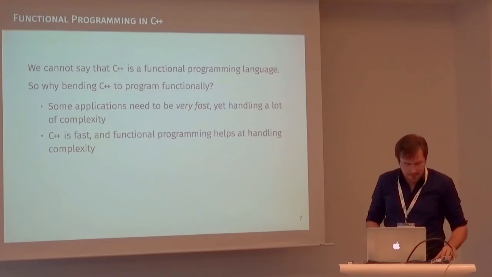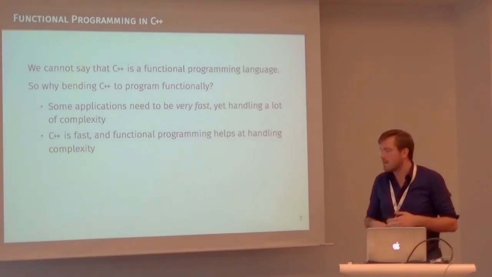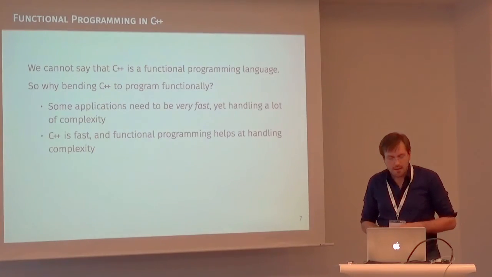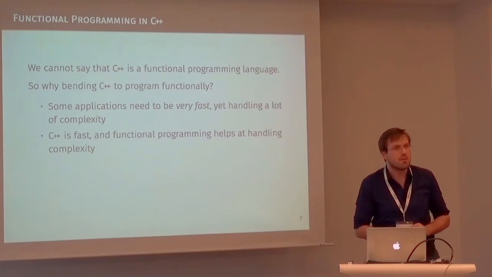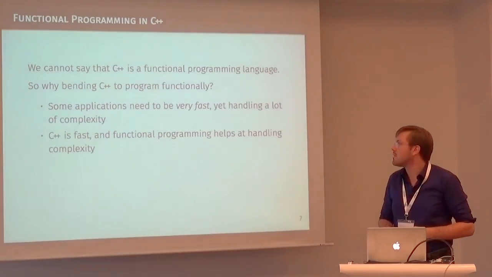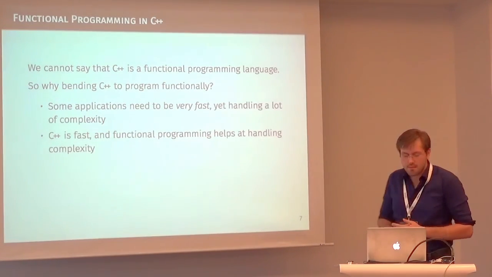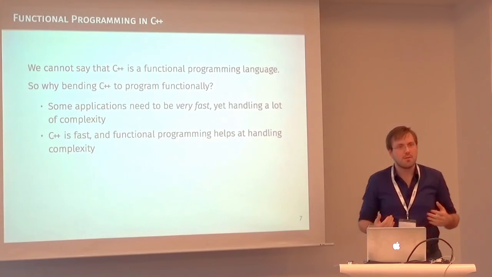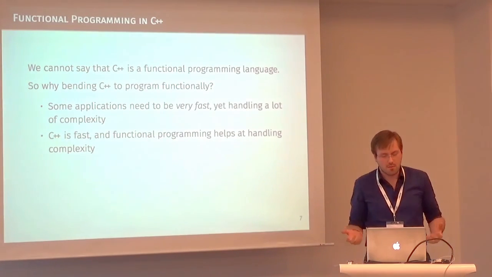But even if hardware becomes faster, we need to write fast code to take advantage of fast hardware. So we need techniques that help us to handle both complexity and write fast code.